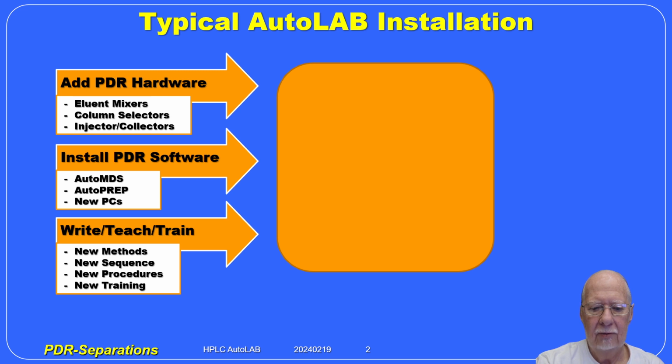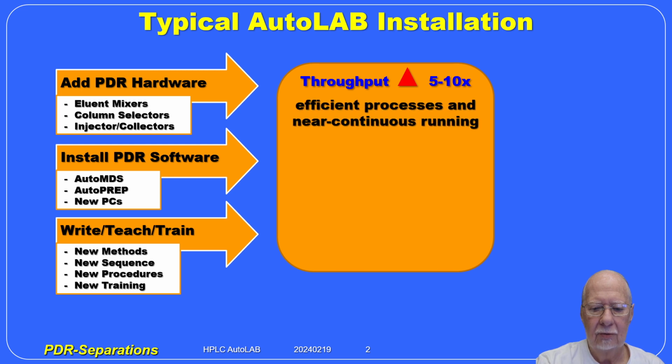After a brief learning period, throughput increases 5 to 10-fold thanks to efficient processing and near continuous running. Lab space is reduced to 70 to 90% of previous because fewer systems are needed.